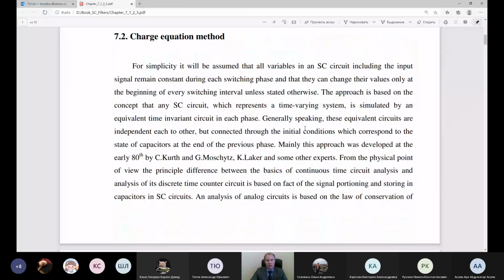So the first approach is based on the charge equation method, and it is the physical basis of the analysis. It is important to understand the idea is to split the circuit, разделить схему, to split the circuit to two parts, на две части. Each of them corresponds to the equivalent presentation of the switch capacitor circuit in the time domain on the current phase.